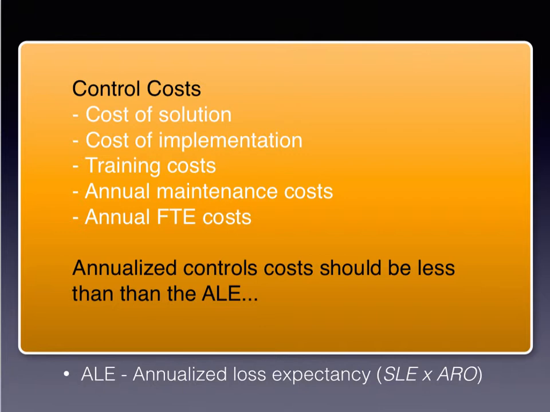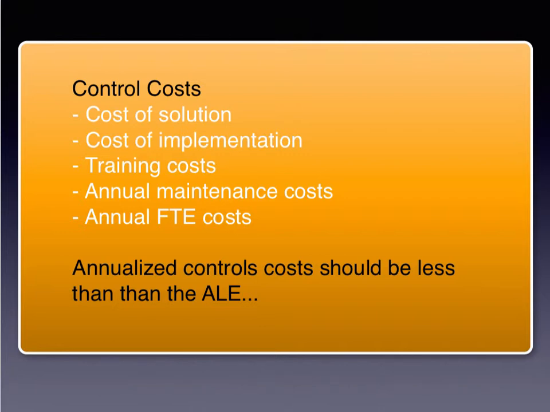So if you determine that a control is going to cost you $12,000 a year and you're trying to mitigate a $10,000 risk, then you either look for another set of controls or you accept the risk.